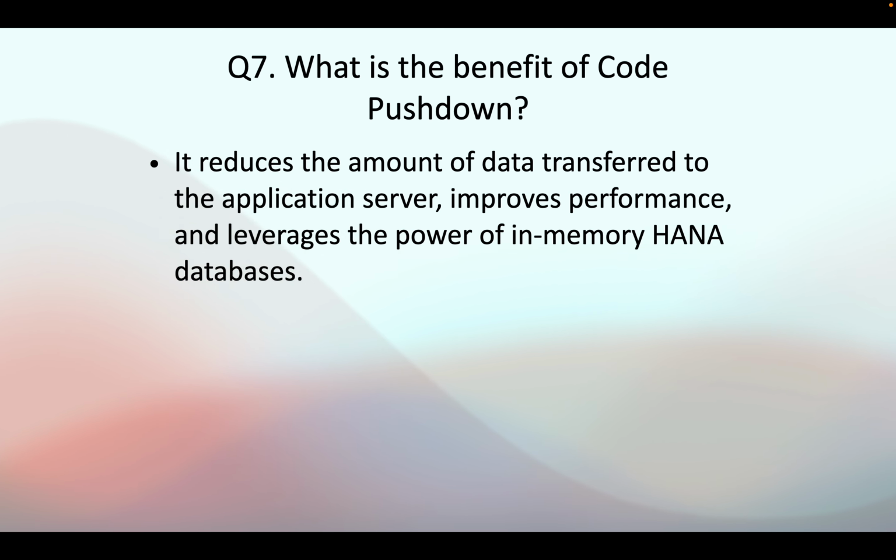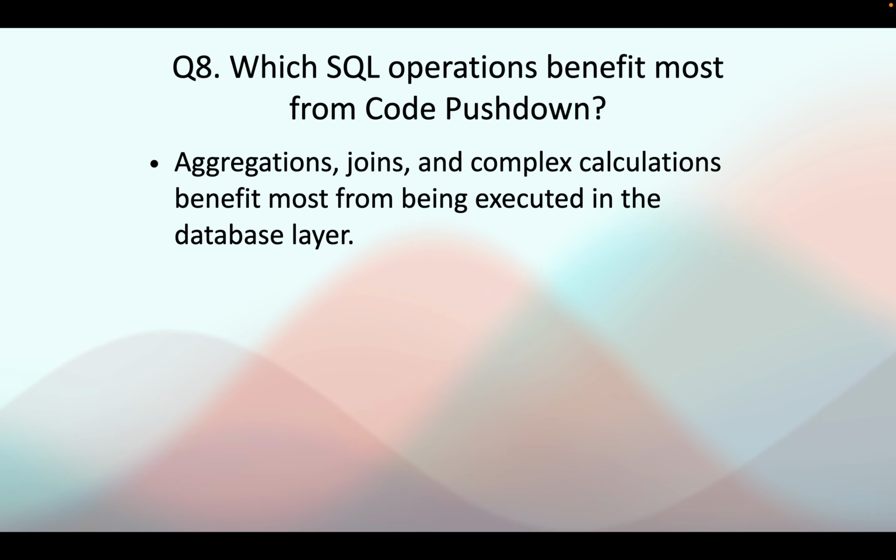What is the benefit of code pushdown? Code pushdown reduces the amount of data transferred to the application server, improves performance and leverages the power of the in-memory HANA database. Which SQL operation benefits most from code pushdown?